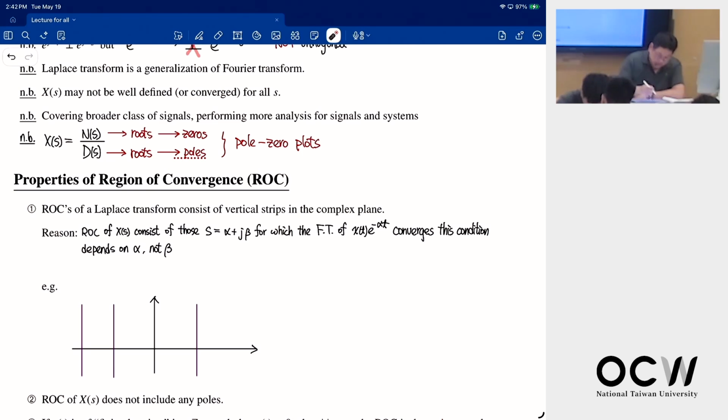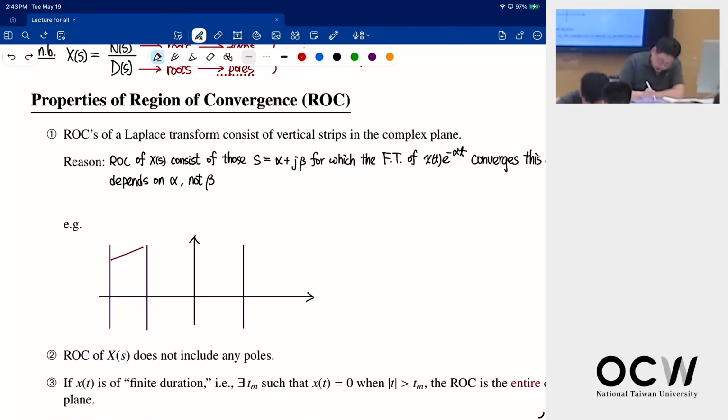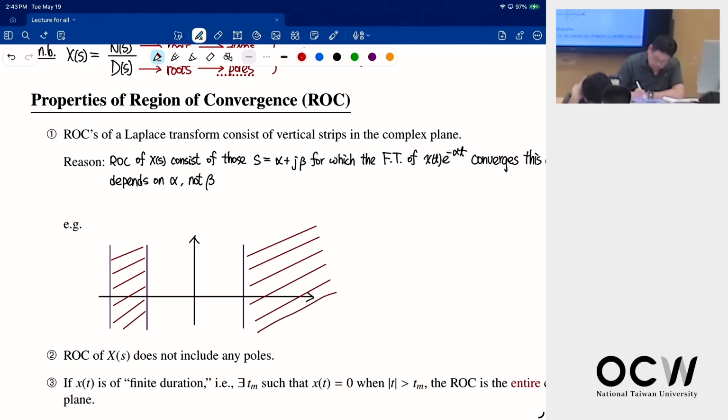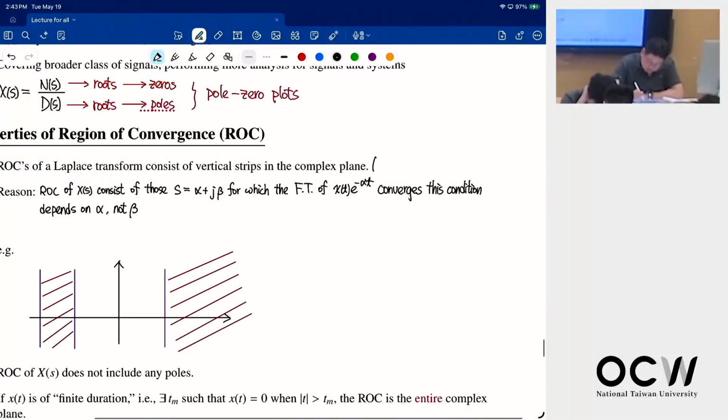So it could be here, they all converge, or they converge for the whole plane. So it could be the entire plane.